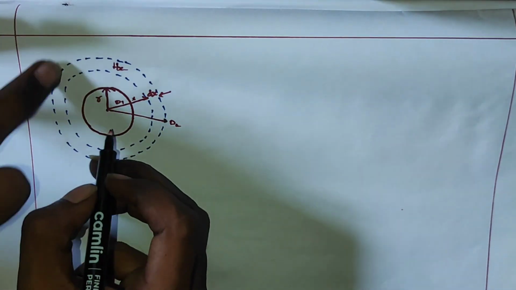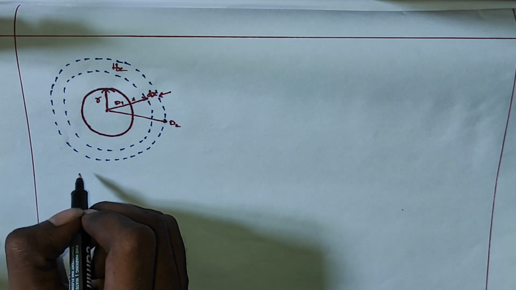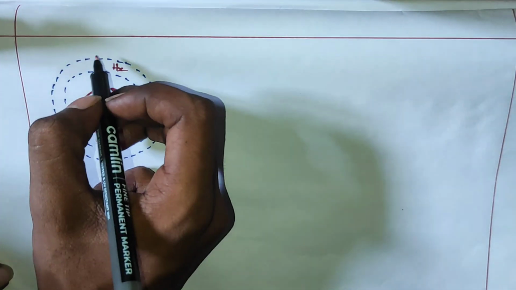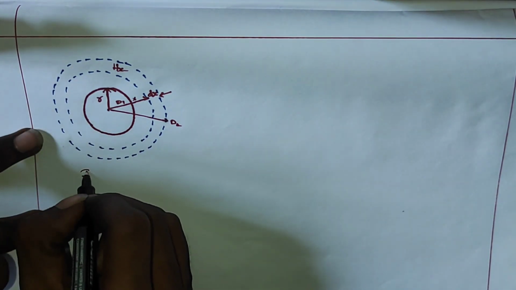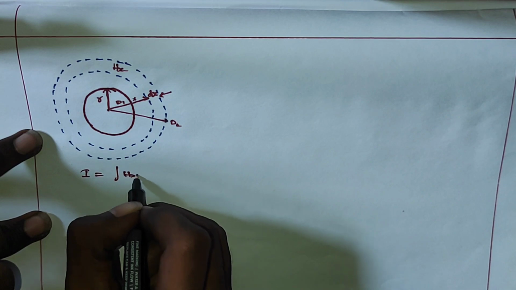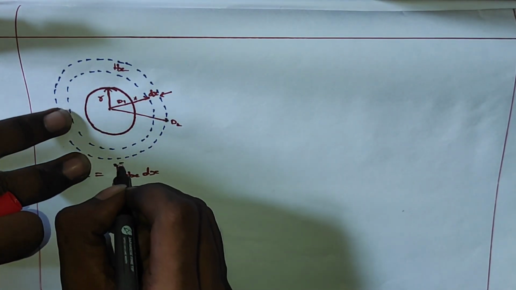Now, how is Hx determined? By using the circuital law, which states that the current flowing through the conductor is equal to the line integral of the magnetizing force. It means I is equal to the line integral of Hx dx, and I am keeping the limits as 0 to 2 pi x.